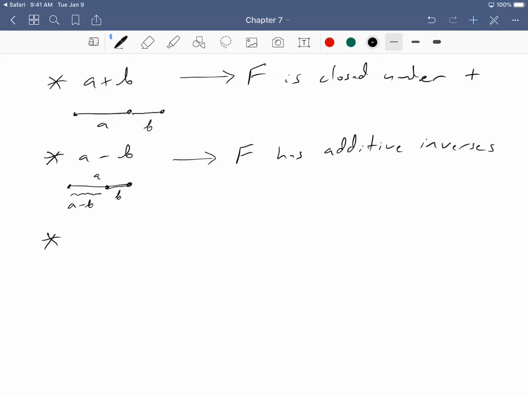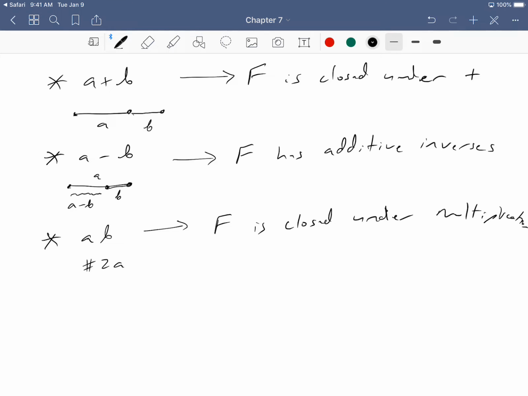One of the homework problems showed you that if you know how to make length A and length B, then you can make the product. I think this was number 2, part A from the homework. So this is telling us F is closed under multiplication.